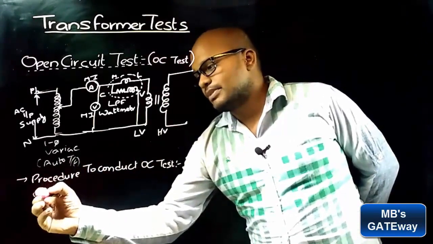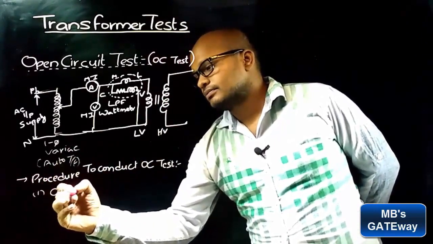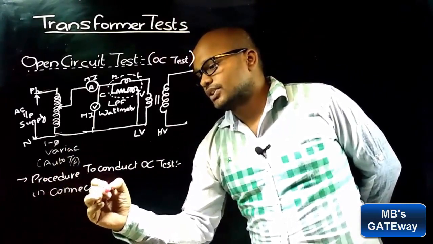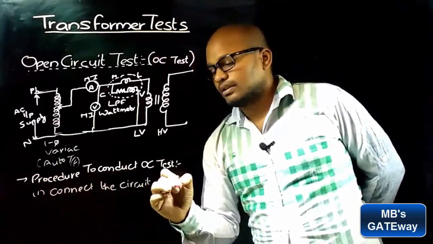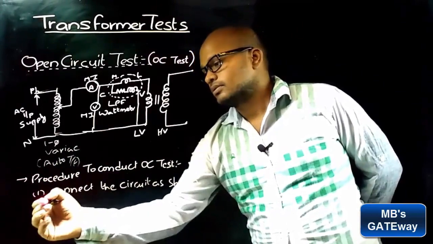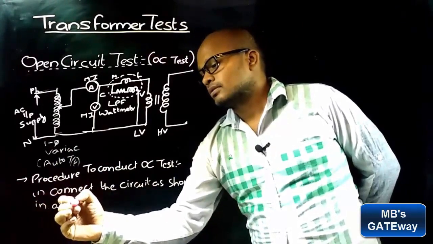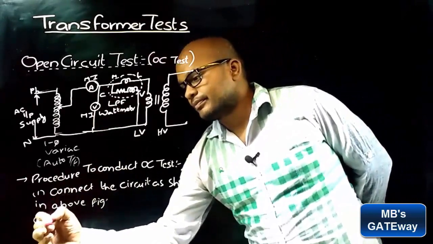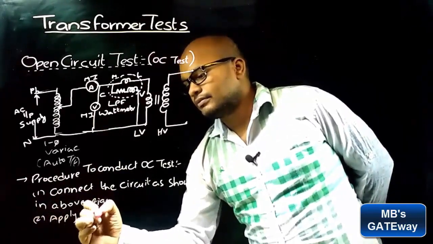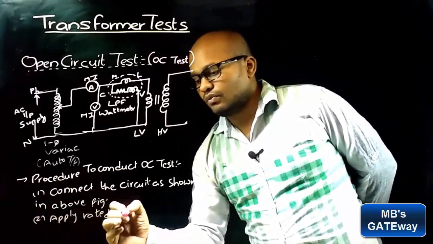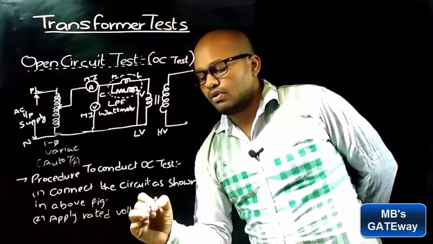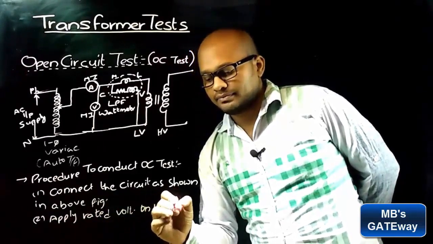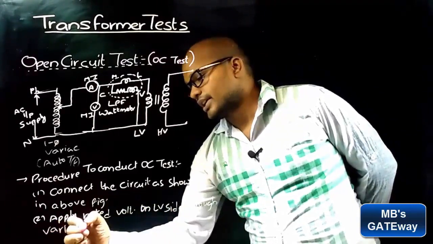Now let's see the procedure to conduct OC test. The first step is to connect the circuit as shown in the above figure. Second step, apply rated voltage on the LV side through the variac.